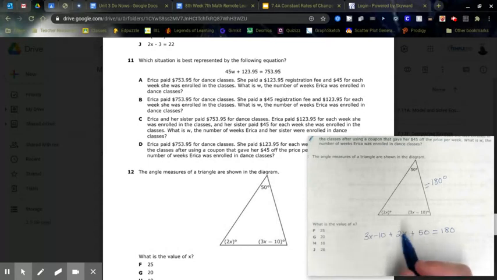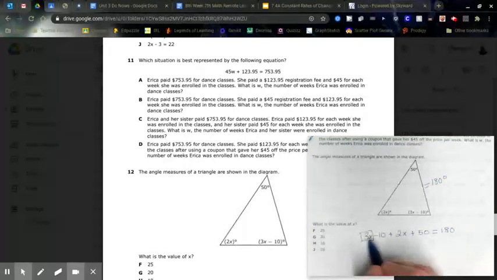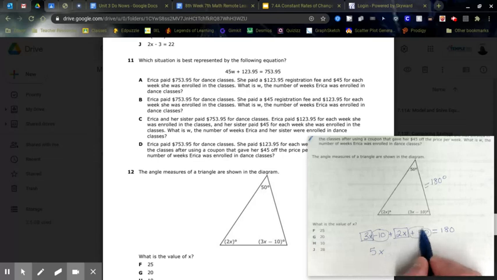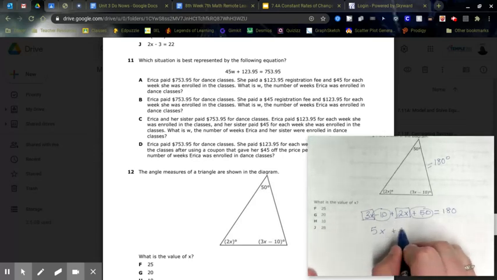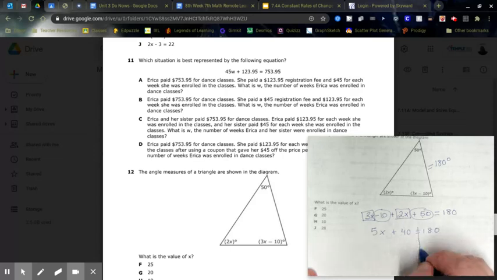Then I'm going to combine these. This is my 3x and my 2x. Those are both x's, so 3 plus 2 is 5x. And then my negative 10 and my positive 50 is like 50 minus 10, which is 40. So we're going to add 40. That equals 180.